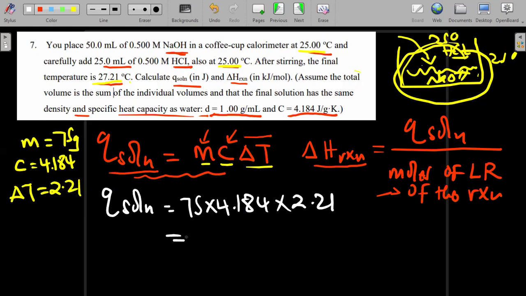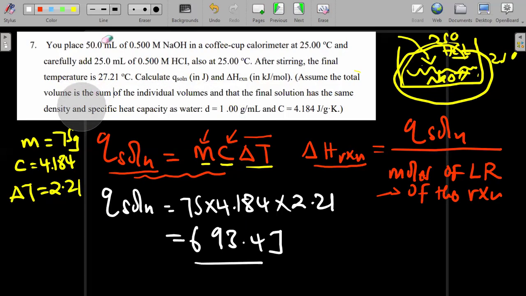When I multiply this on my calculator, I'm getting approximately 693.4 joules. So we've answered the first part of the question, where they told us to calculate the heat of a solution in joules. Now what is remaining is the change in enthalpy of a reaction.